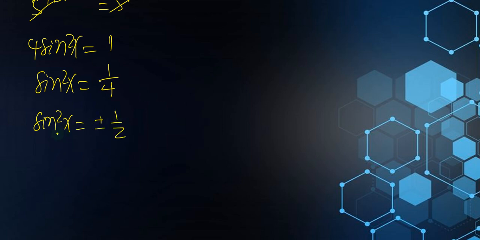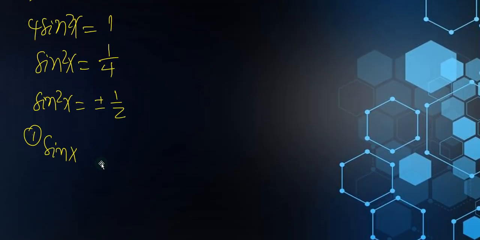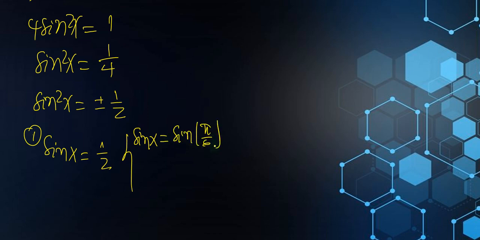Okay, we have here two cases, right? First one, we have sine x equals 1 over 2. We're going to have two possible solutions here. The first one, sine x equals sine of pi over 6, right?